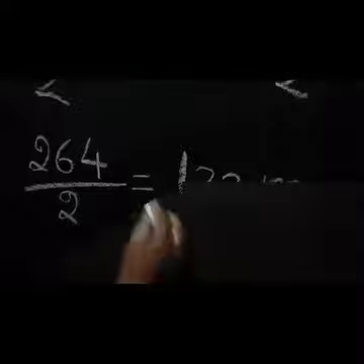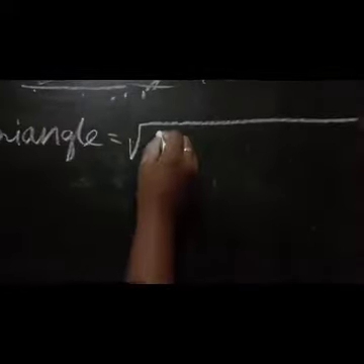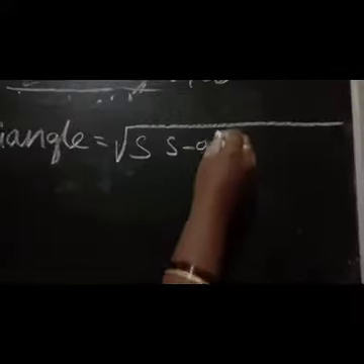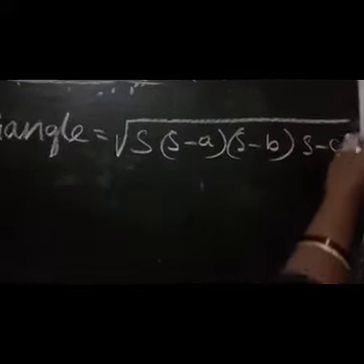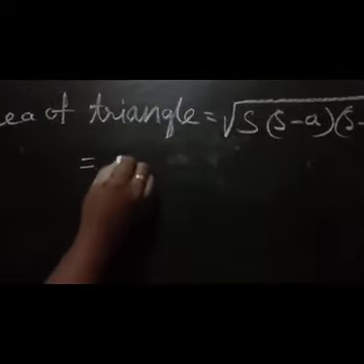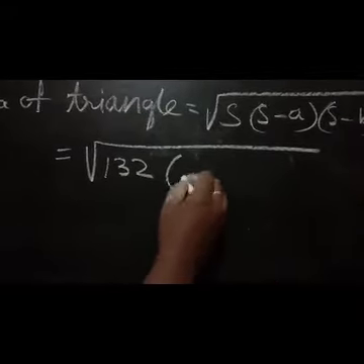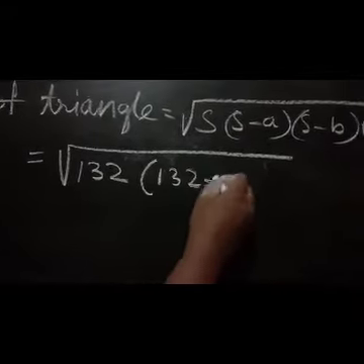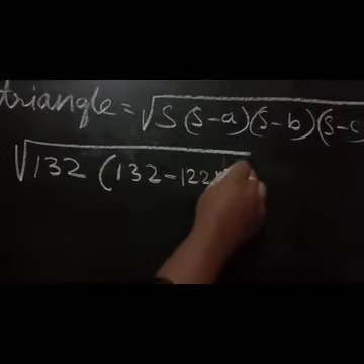So now we have to find area of triangle by Heron's: square root of S, S minus A, S minus B and S minus C. S value we got 132. So 132 is S and 132 minus, what is the A value we had? 122 meter.